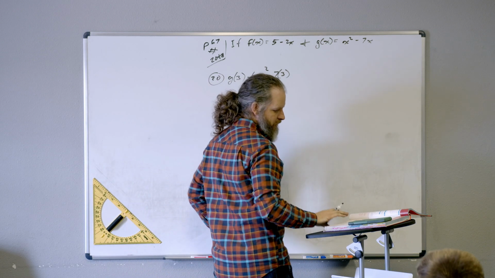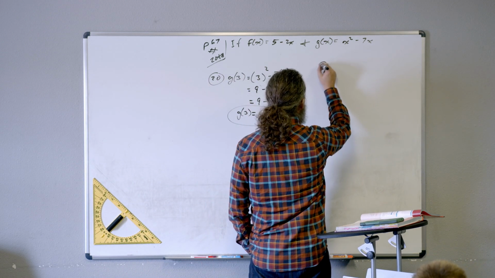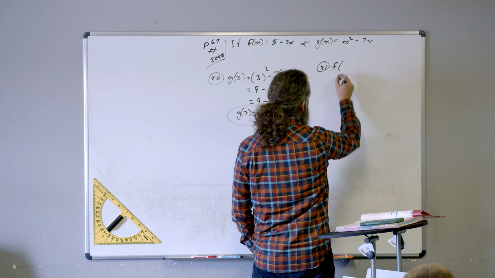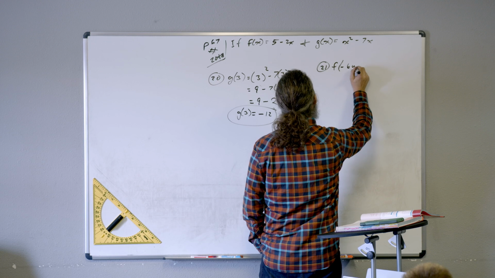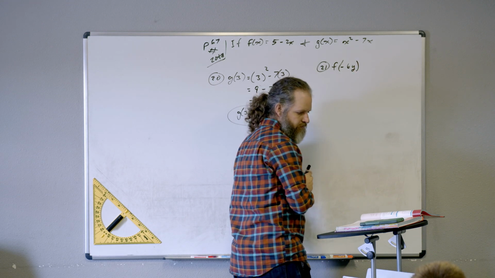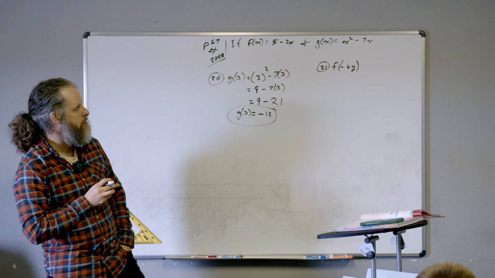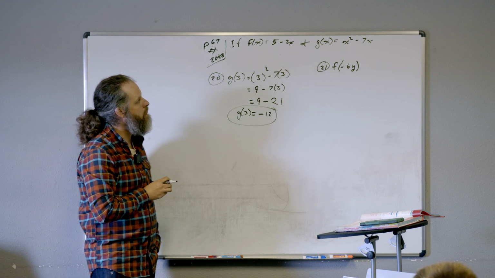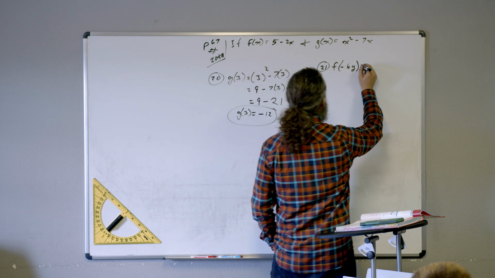So what about 21? What if they leave a letter in there, right? So 21, they want us to find f of negative 6y. So what do we do there? You would replace the x on the f of x.